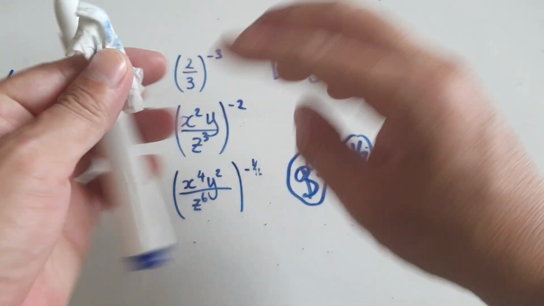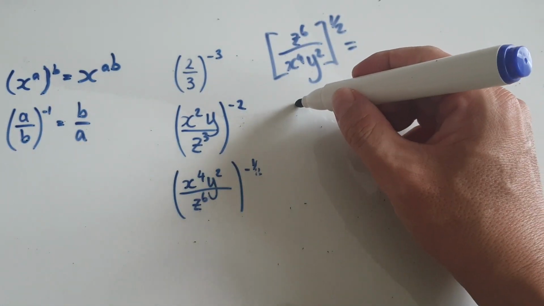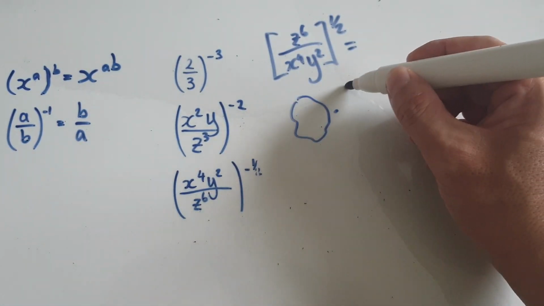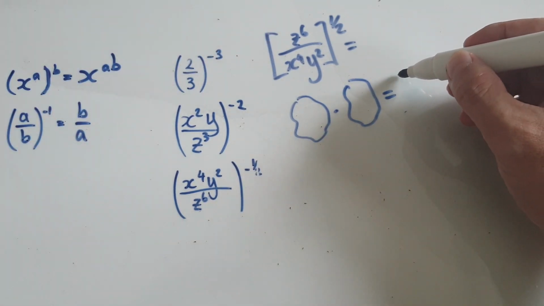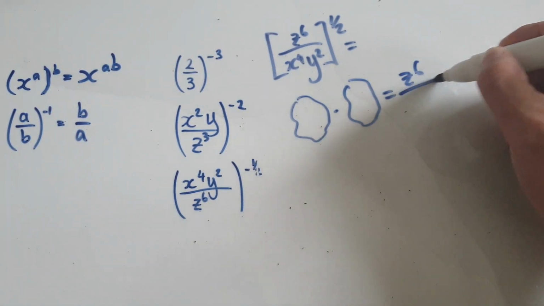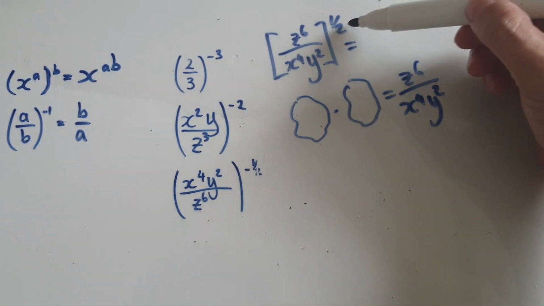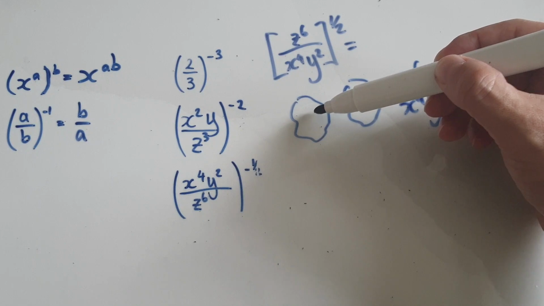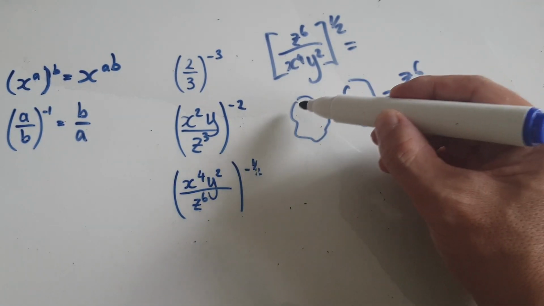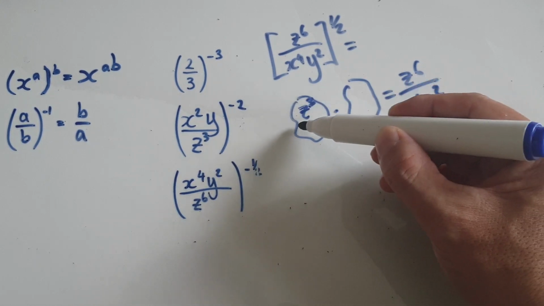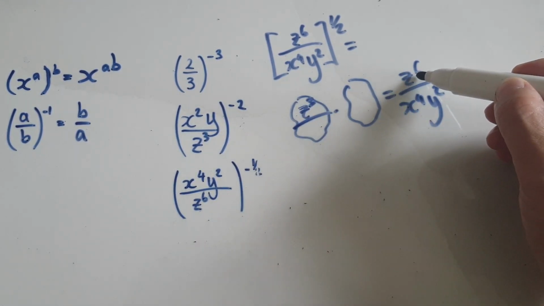So when it comes to this, you're actually looking for something. When you times it by its exact same self, it gives you this thing here, it gives you z to the power 6 over x to the power 4y squared. So the square root of this thing is actually whatever, something times by itself to give you this. Well, it turns out to be z to the power 3, because look, z to the power 3 times z to the power 3 gives you z to the power 6.